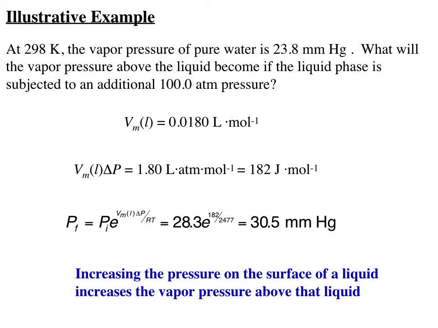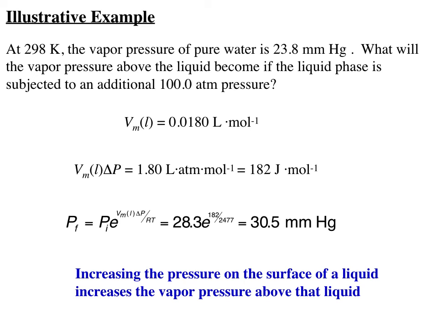So Vm of the liquid times delta P will be 1.8 liter atmosphere per mole, because remember, my delta P is 101 minus 1, or 100 atmosphere change in pressure I'm applying to this surface.